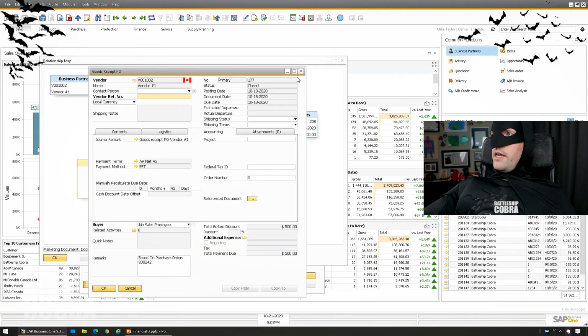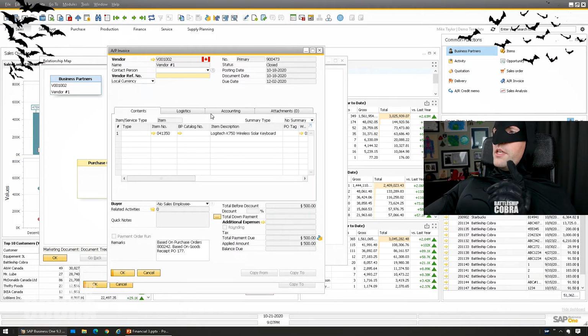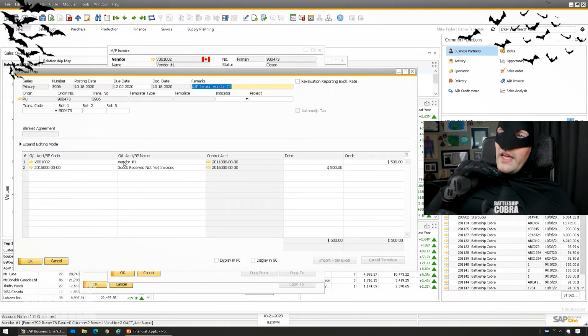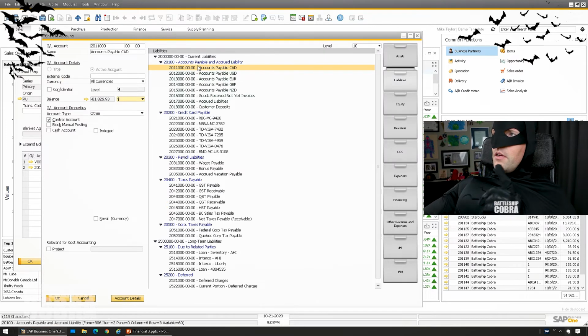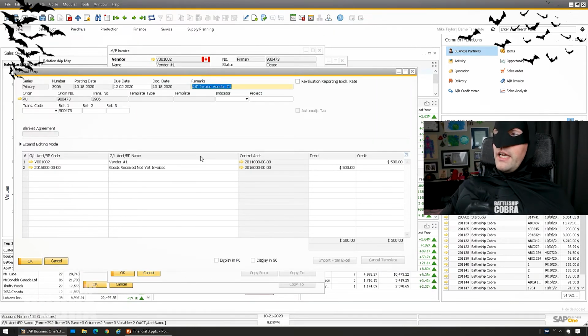Oh, close that. We go to the AP invoice. Double click this. So we're going to see this accounting journal entry. Boom. We hit the accounts payable 2,000 level, accounts payable CAD. We're increasing it because it's a liability.